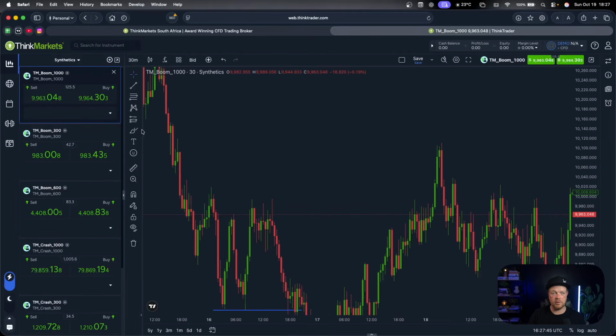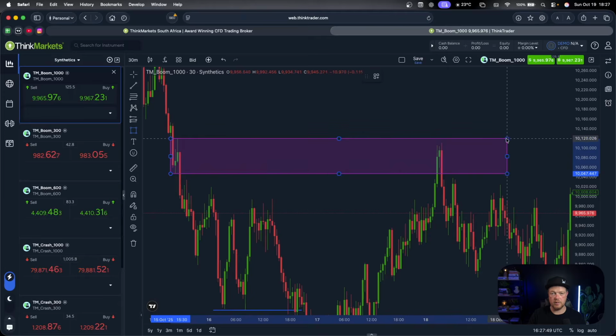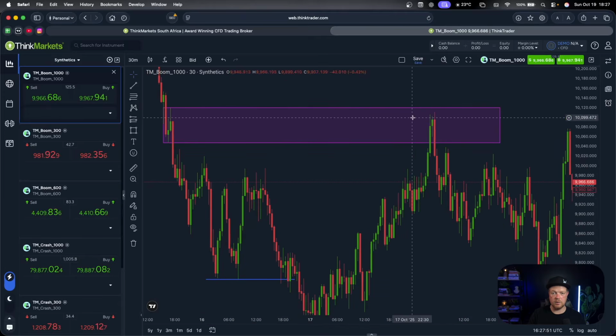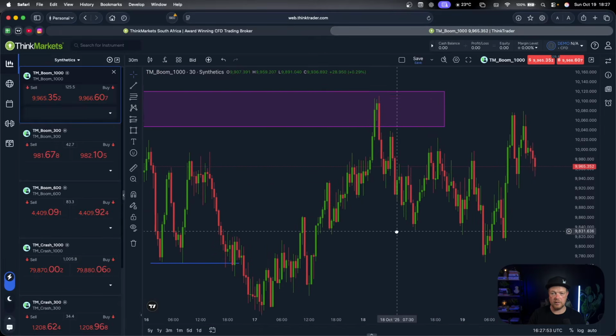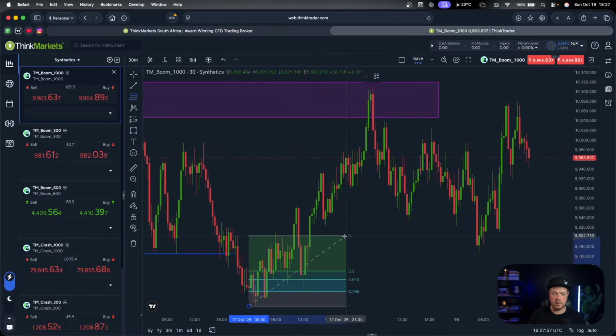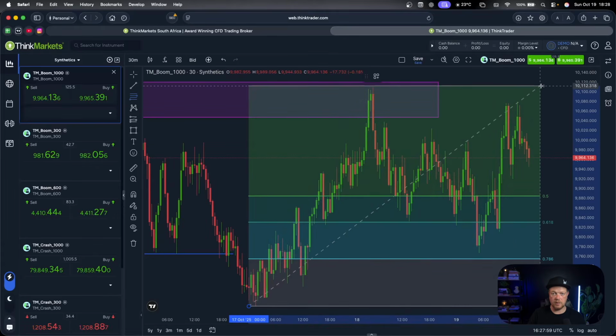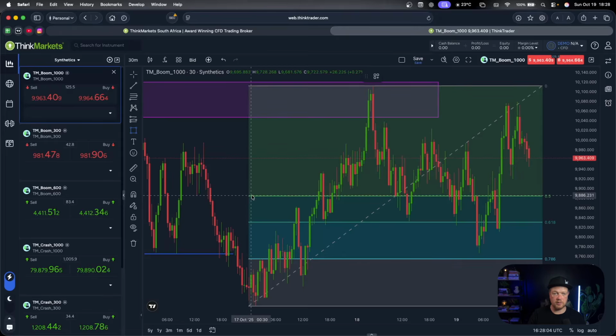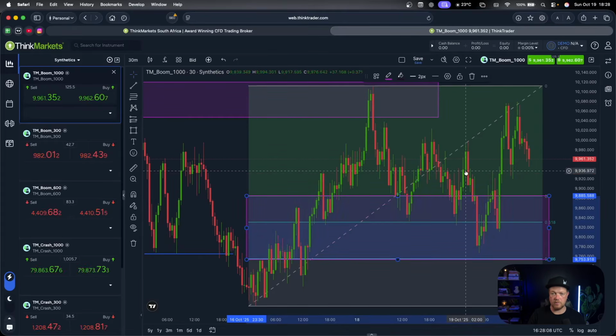Let's just mark everything out so you can see how I process the trades. Inside of this zone, we got a retrace. So let's quickly draw our fib from this higher time frame low to the higher time frame high right over here. Let's just mark out the 0.5 and the 0.78 zone right over here.